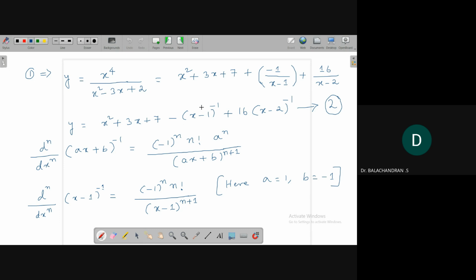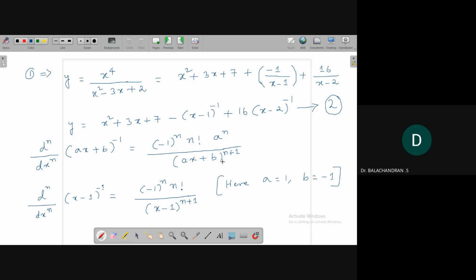So nth derivative of (x minus 1) whole power minus 1 is minus 1 whole power n into n factorial into 1 power n, which is 1. In the denominator, ax plus b, a is 1, b is minus 1, so (x minus 1) whole power n plus 1.